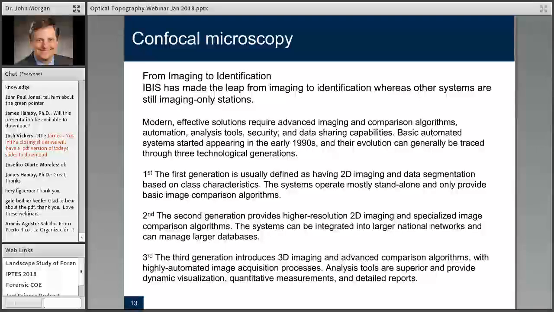The third generation introduces the three-dimensional imaging, and in my view, about the same. The comparison algorithms really have not changed that much, at least in the NIBIN system. There are some more advanced algorithmic approaches now coming forward, but the imaging certainly has revolutionized and allowed for interjurisdictional hits.